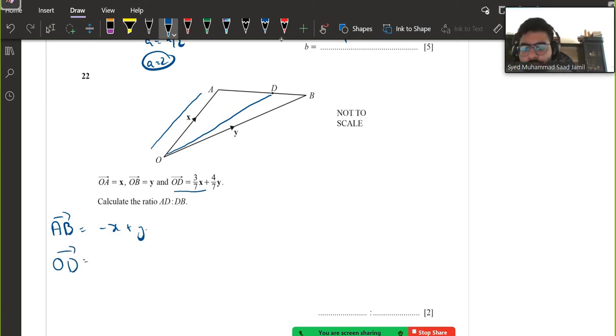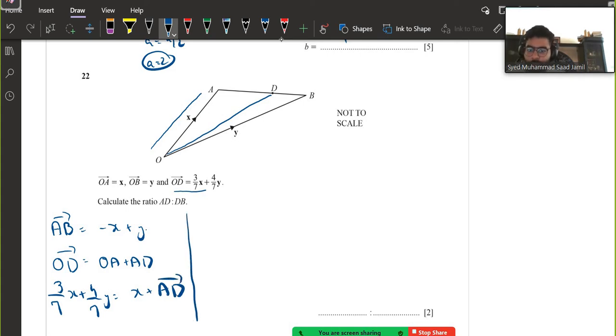OD is OA plus AD. So we will write in place of OD 3 upon 7x plus 4 upon 7y is equal to OA, which is x, plus AD, which we don't know, we will find it out.